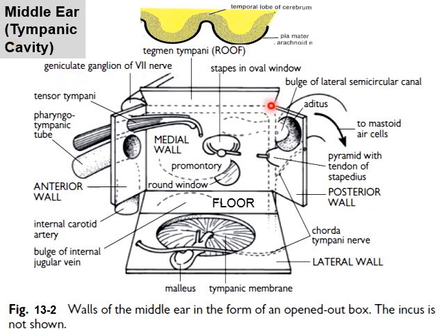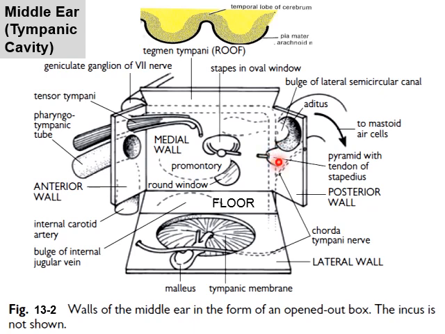Now let's see the posterior wall. The posterior wall of the middle ear is related to the chorda tympani nerve. The chorda tympani nerve is arising from the facial nerve. On top of that, there is a bony prominence called the pyramid.